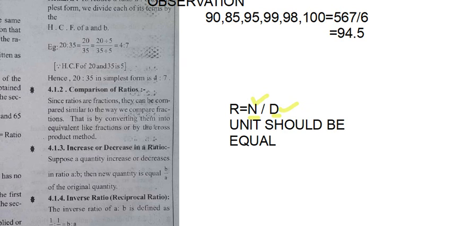What is the meaning of unit? I will tell you. For example, when you are writing in the ratio form, these units should be equal, numerator unit and denominator unit.